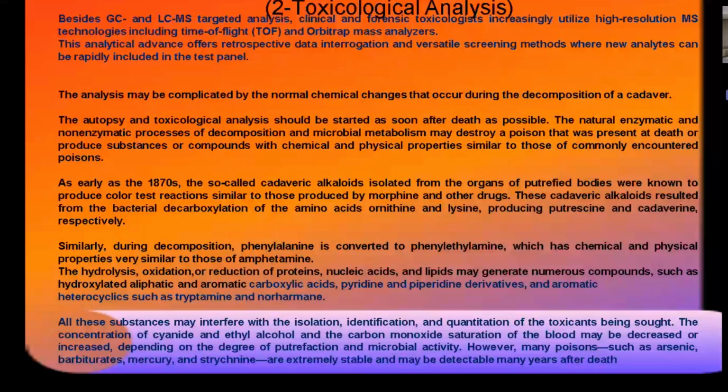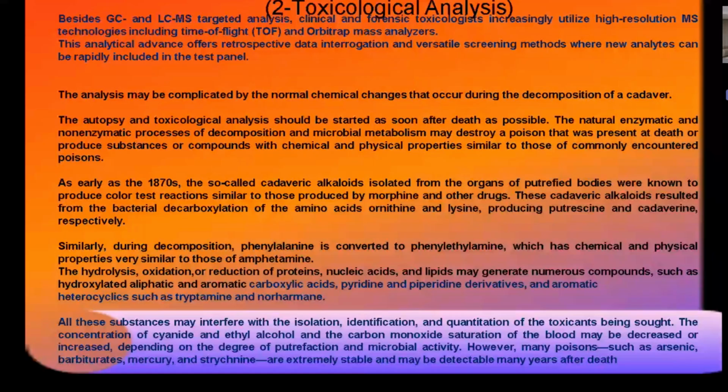Generally, we consider the normal chemical changes which occur after decomposition of the cadaver, or we can go for the autopsy when we do the toxicology analysis. Many times when there is death of the patient, there are enzymatic and non-enzymatic processes, the decomposition process will start, and then microbial metabolism will occur. In the body itself we have several enzymes.